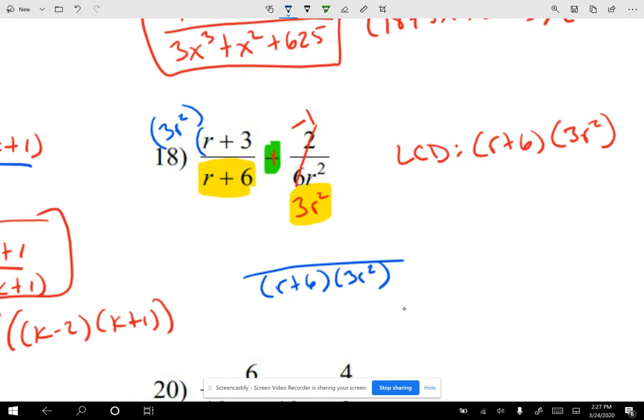So let me multiply the top with 3r squared. For my LCD, the factor I don't have on the second fraction is r plus 6. So let me multiply the top with r plus 6. All right, so from the first fraction, multiply the two parentheses. That's going to give me 3r to the third plus 9r squared.